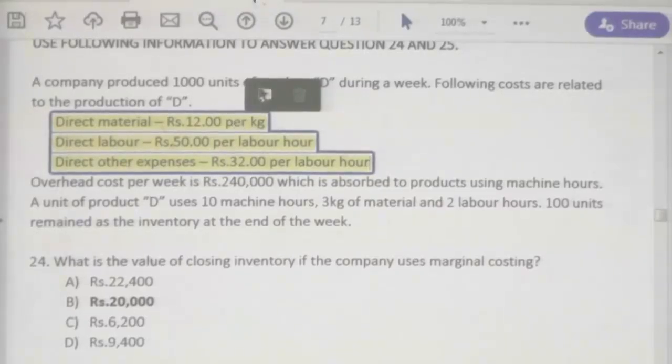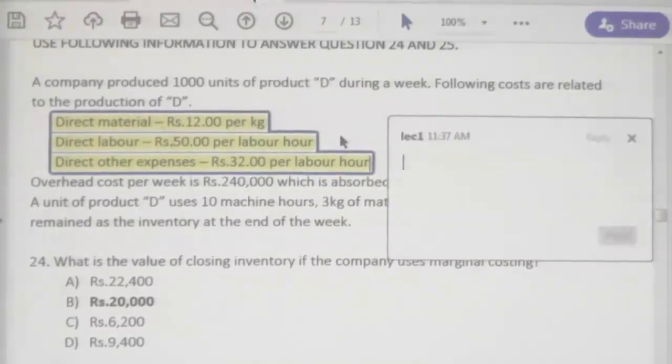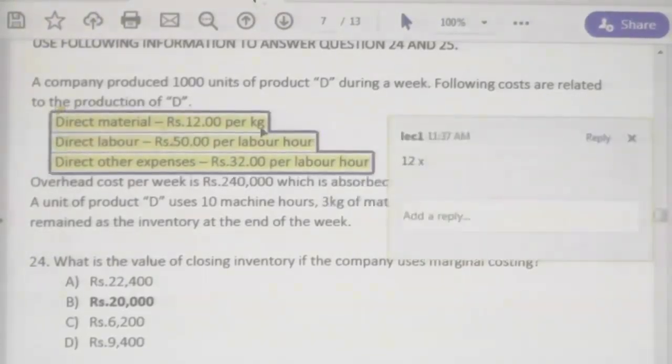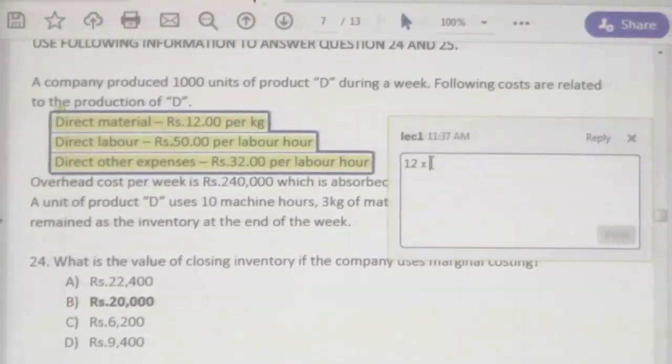However, the 12 per kilogram should be multiplied by the number of kilograms, 3, and labor hours 2.